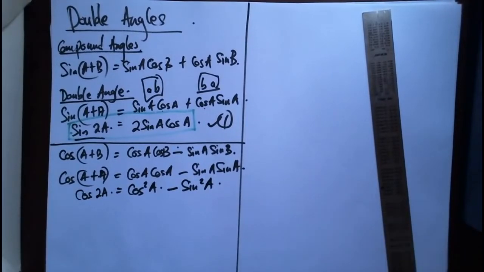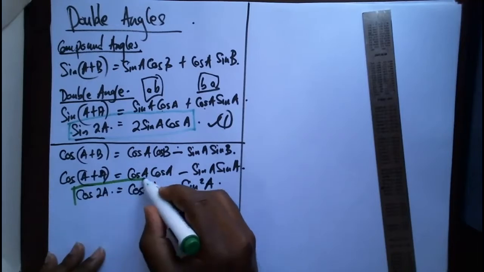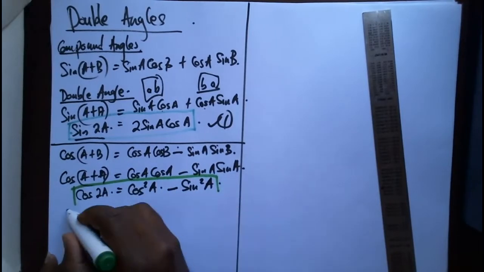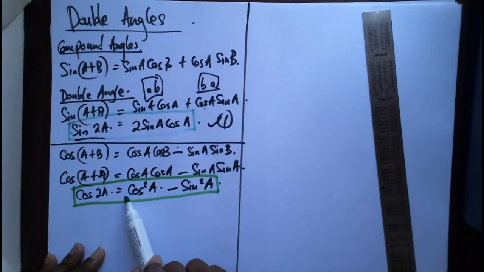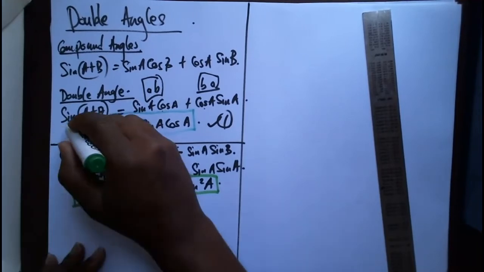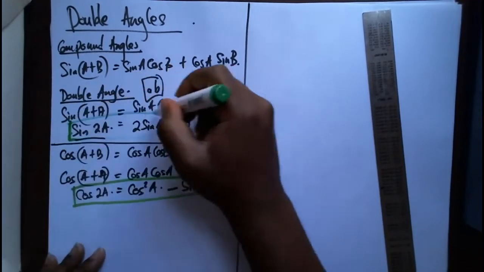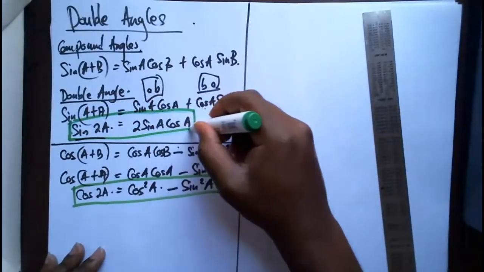That is one of the first double angles. So cos 2A is equal to cos squared A minus sine squared A. And here we have sine 2A is equal to 2 sine A cos A.